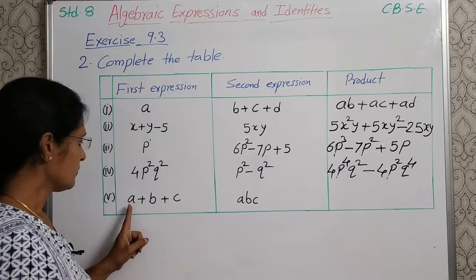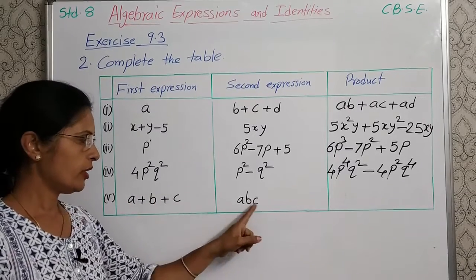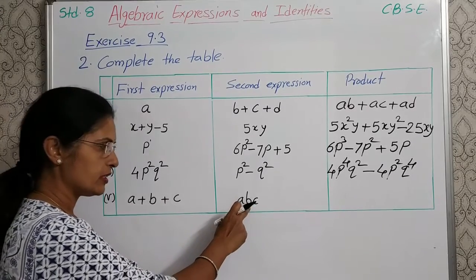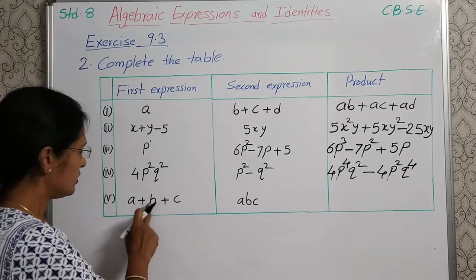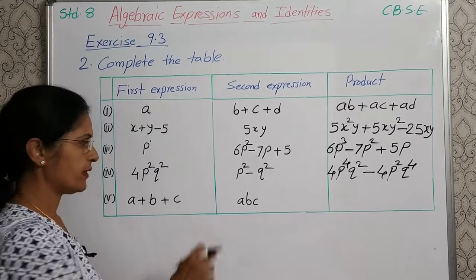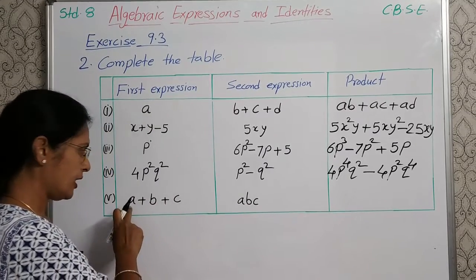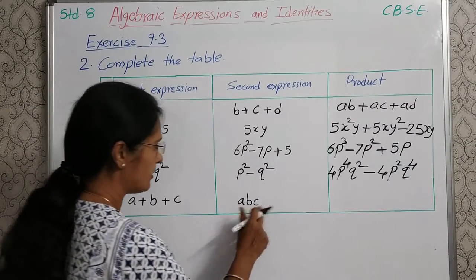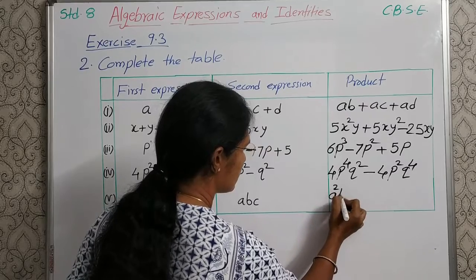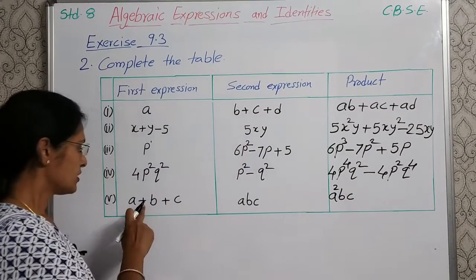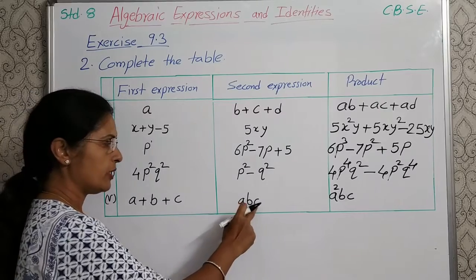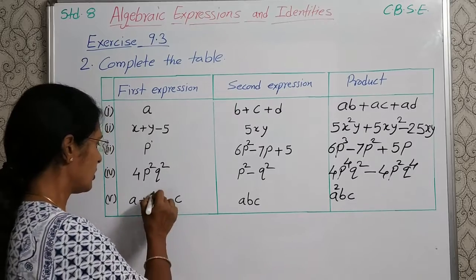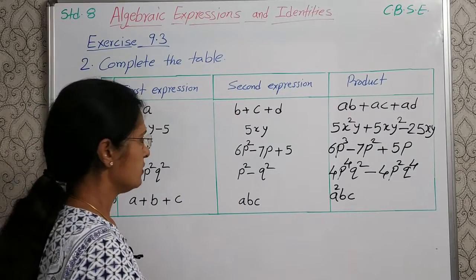Last, a plus b plus c into abc. Now this is a monomial and this is trinomial. So multiply this term with all the three terms of this trinomial separately. So abc into a. So here a and a multiplication will be a square and bc with that as it is. So a square bc. Next, plus b into abc. Now b and this b multiplication will be b square, because both have 1 as exponent.